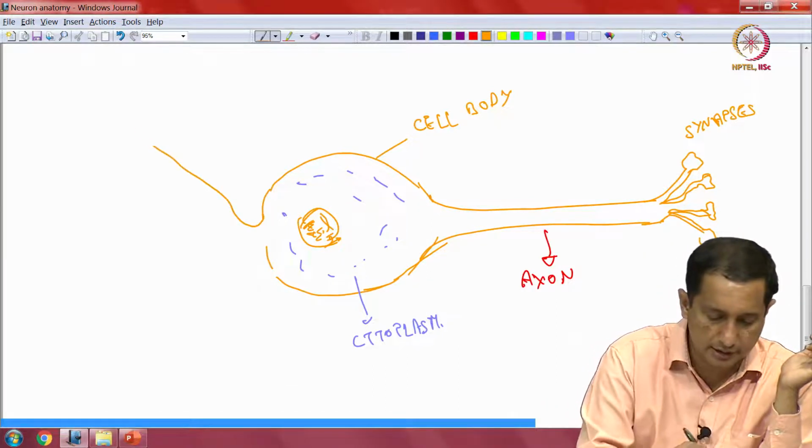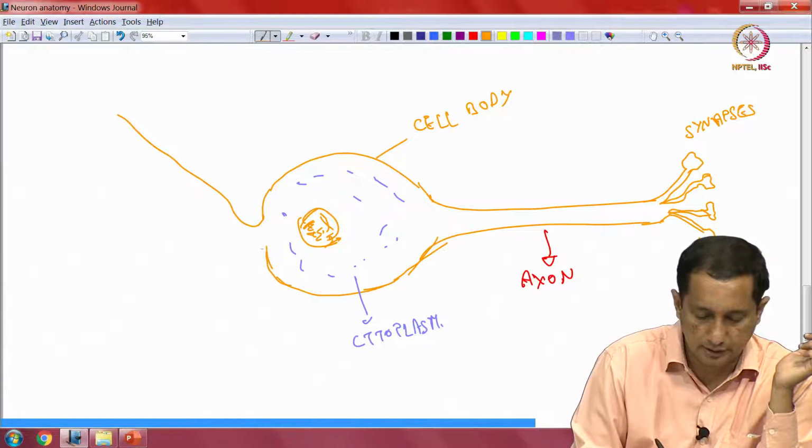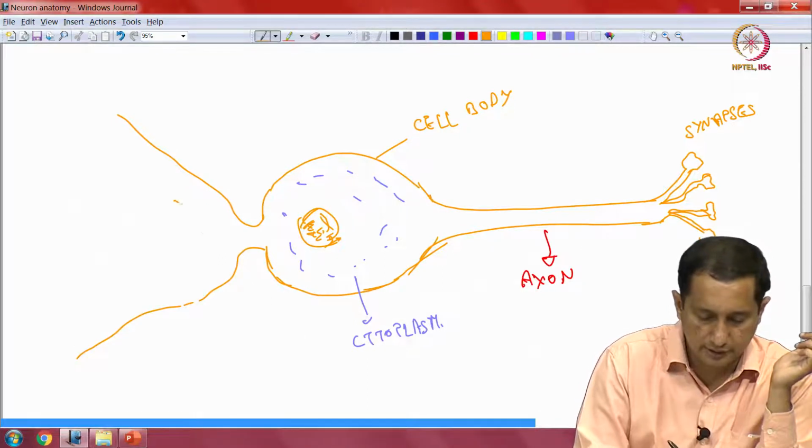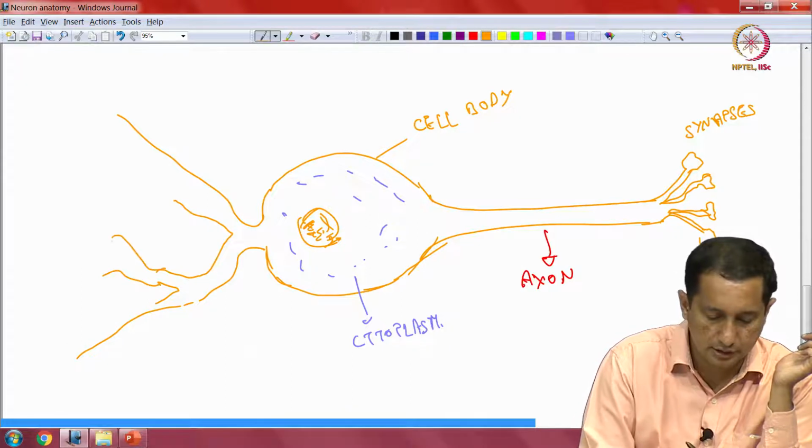The other side is like a tree. When I say tree, it obviously means it has an architecture, and there is a tree which arborizes and goes like that.